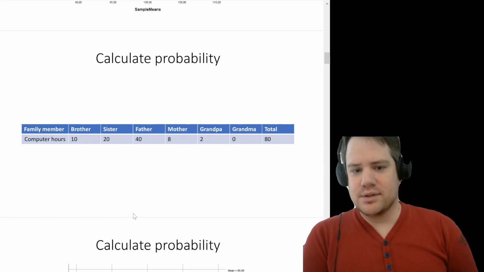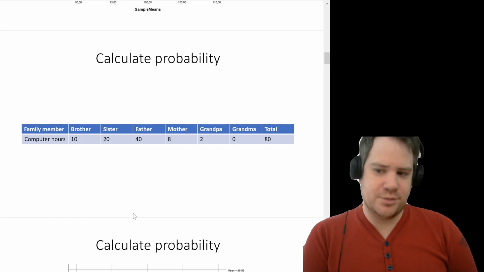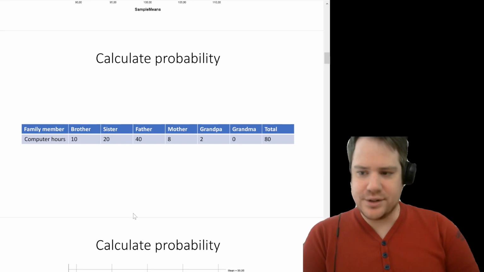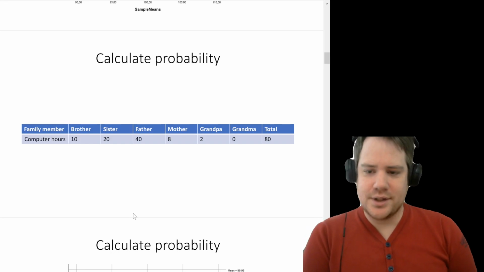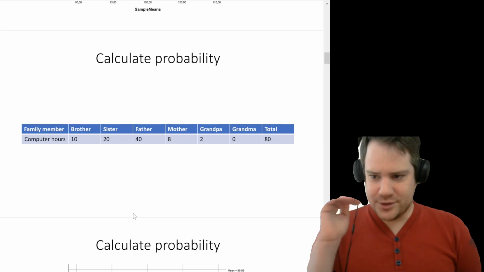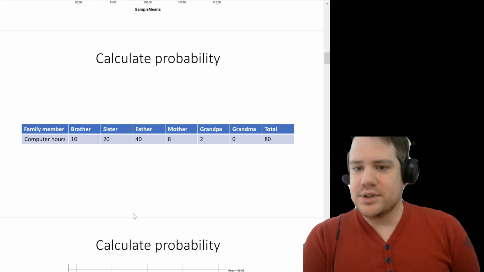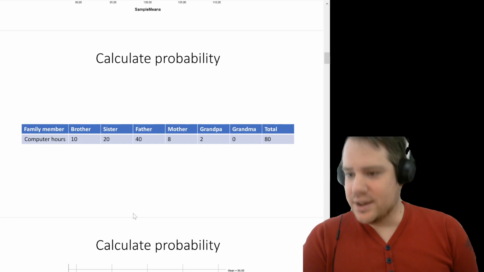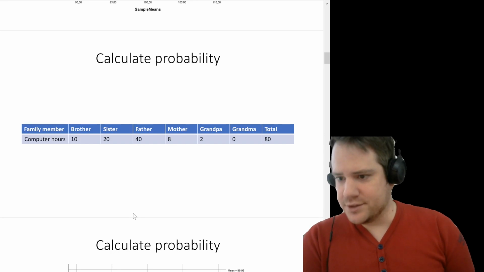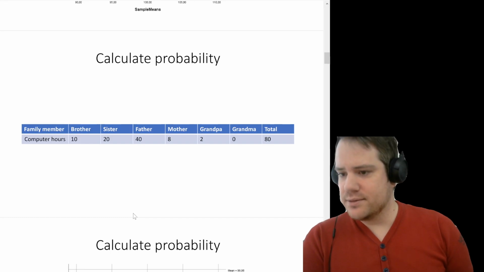For example, of the 80 hours the computer was in use, my father used it for 40 hours, which is 40 divided by 80, which would be exactly half. So the chance that, given that the computer is used, it is my father using it would be 50%.